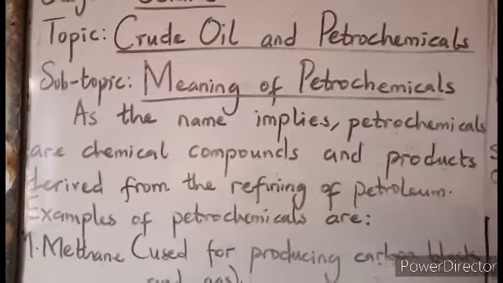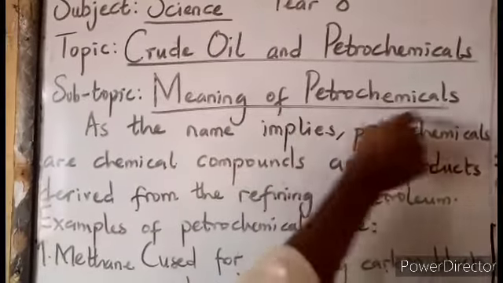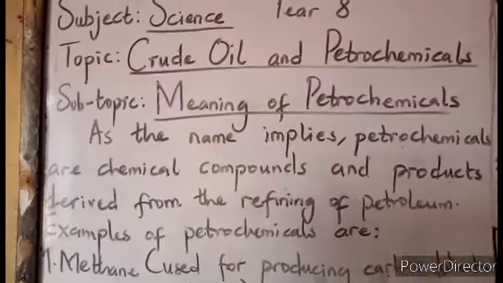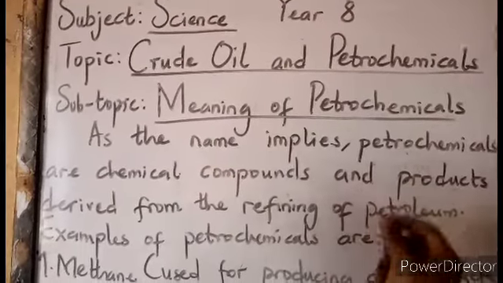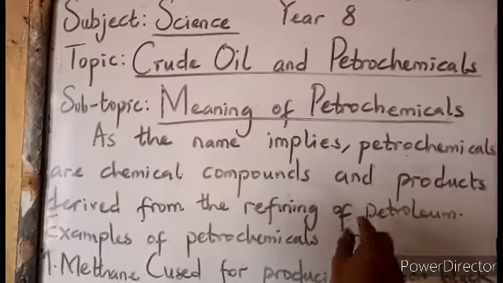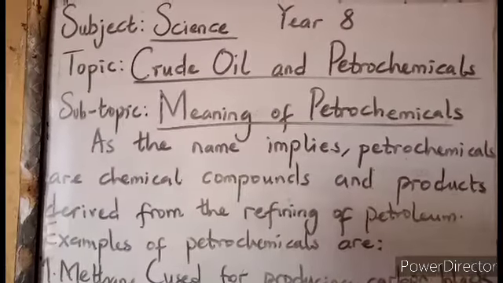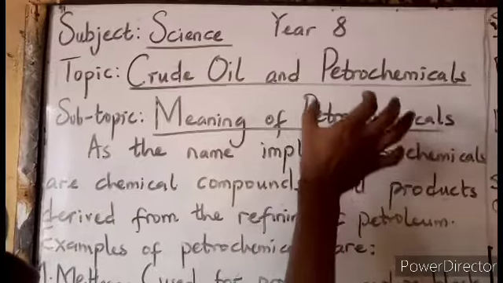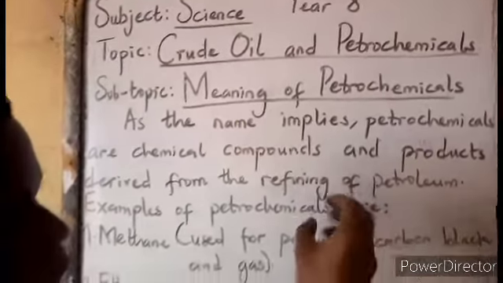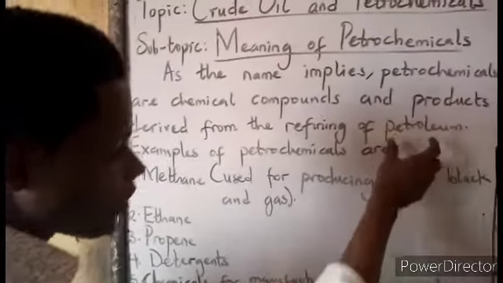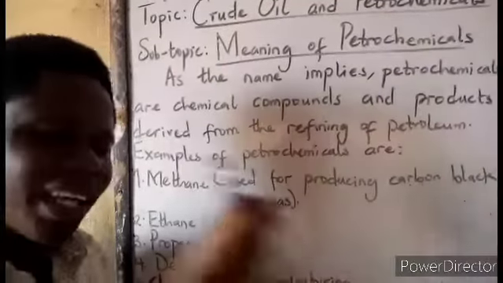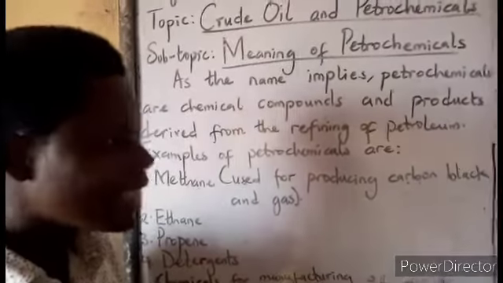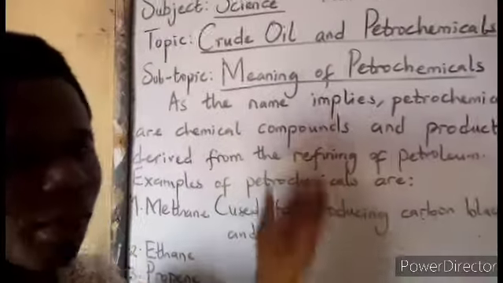In other words, before you can get petrochemical substances, petroleum must first have been taken from the refinery production center. After petroleum has been taken, the remnants are turned into petrochemicals.